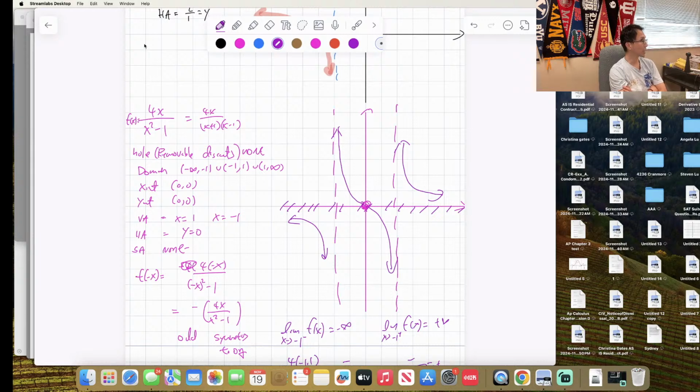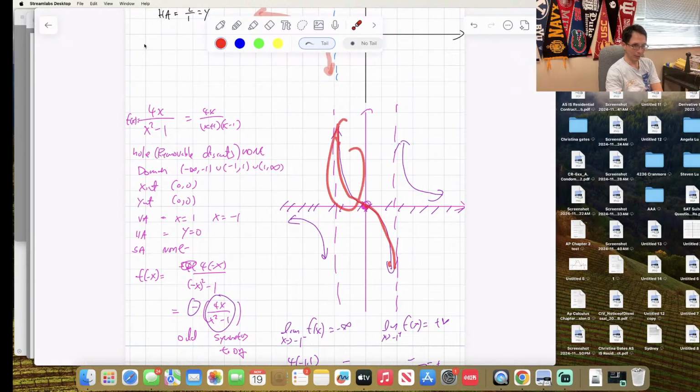Can you explain how you got the odd function? I plug in negative x for x. It goes back to the negative of the original function. If you see this is the negative of the original function, then that's symmetry to the origin, which is going to have a waterfall graph like this, because it is symmetric to the origin.